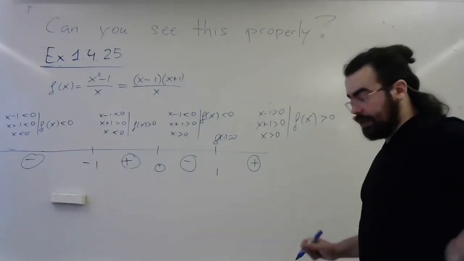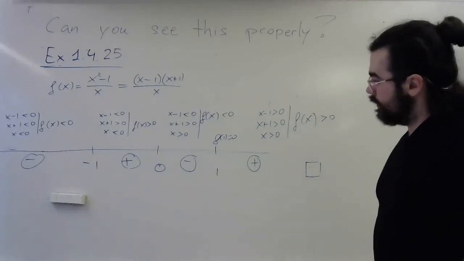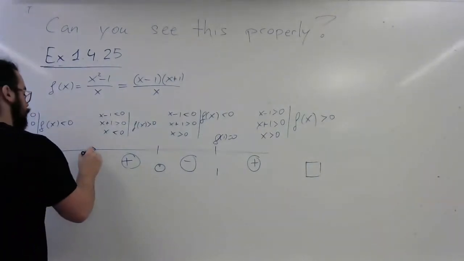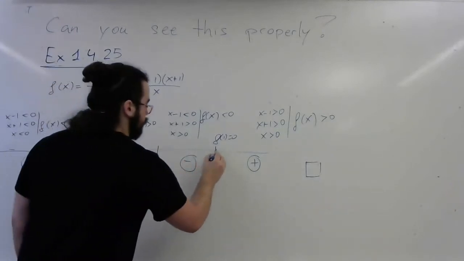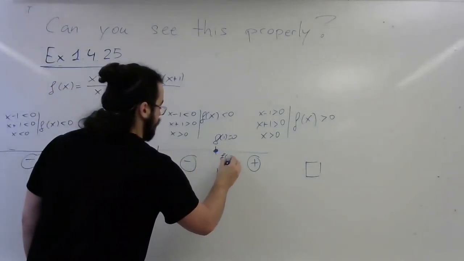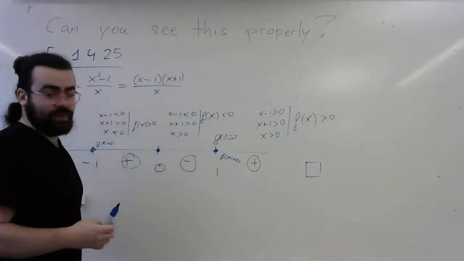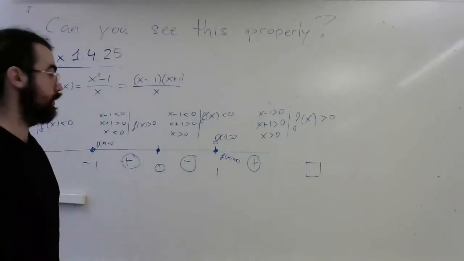So this is how we analyze signs. You remember correctly from what the problem has told. Here we have a 0. Here we have another 0. And this is what we have seen before to be a vertical asymptote.